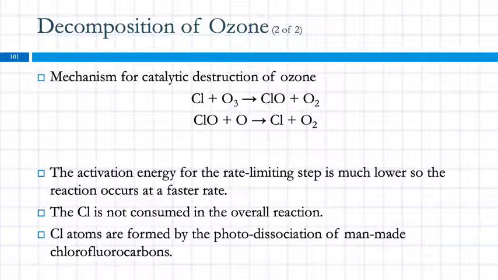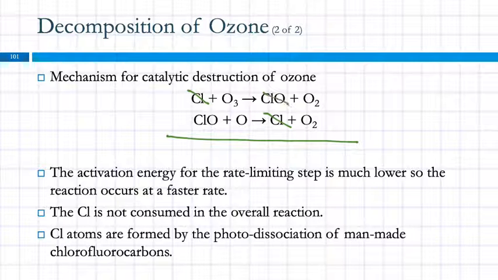So if we look at this overall reaction, the chlorine atoms disappear and the ClOs disappear, and we have O3 plus O forms 2 O2.